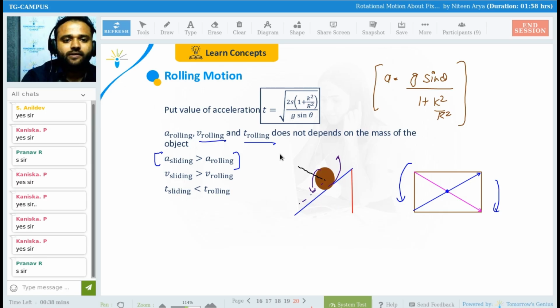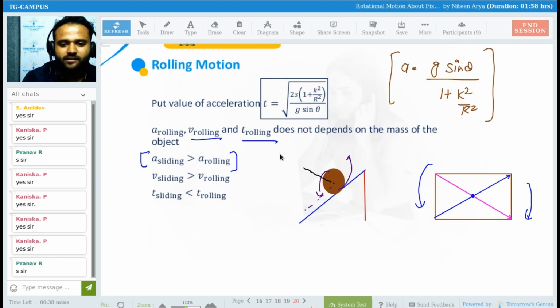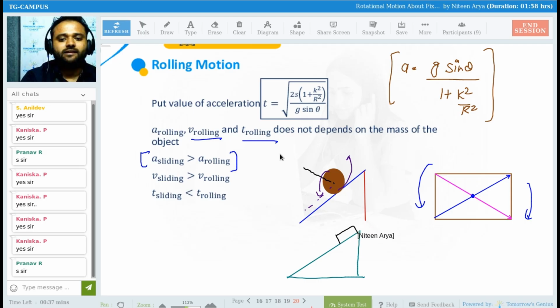So this is rolling. Sliding you can understand from the perspective of a box, not this color, this. Suppose in the same sense we have another plane. For this particular plane, if I put a box like this, it is going to slide. And as kids, we also slide on a plane like this. So we are going to slide only.